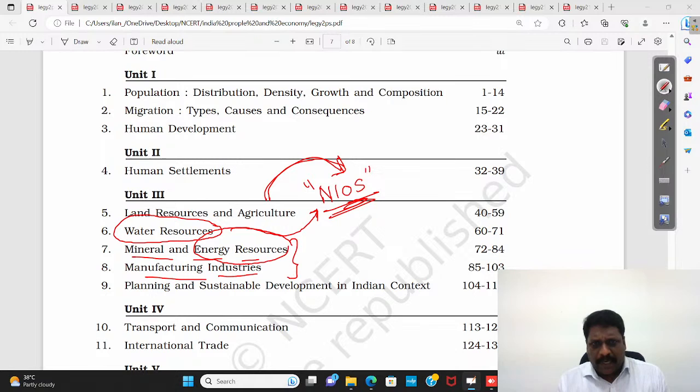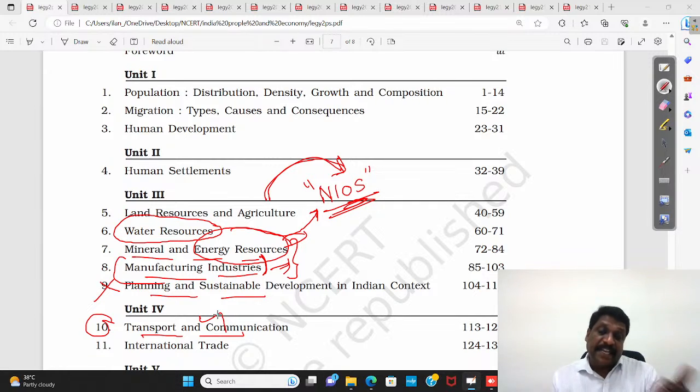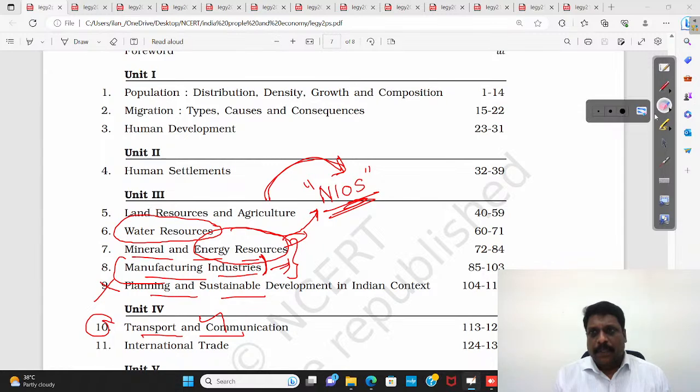We may not discuss it in detail, but for industry, I'll give you a larger idea. Planning and sustainable development, we'll keep out of our discussion purview. Transport and communication, what is very important, that alone I'll tell you, and the recent changes that have happened, that also I'll tell you. Right, my dear friends.